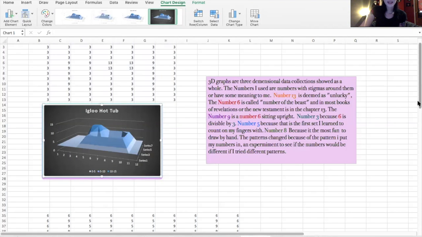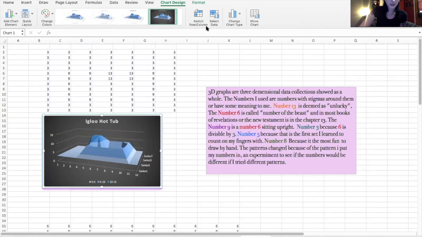The patterns that I did, as you can see over here, I tried to do something different with my favorite numbers. And so I kind of just did what I thought would be cool, some random pattern in my head. I've named these charts after what they ended up looking like. I call this one the igloo hot tub because it looks like an igloo because of the colors, and then it looks like there's a big hole in there.